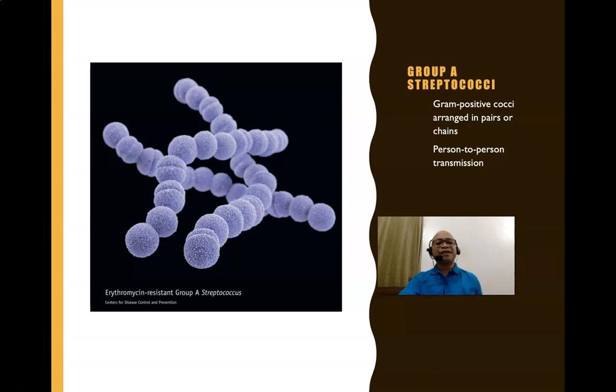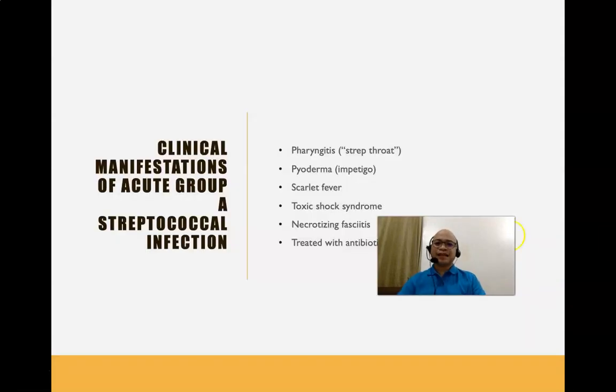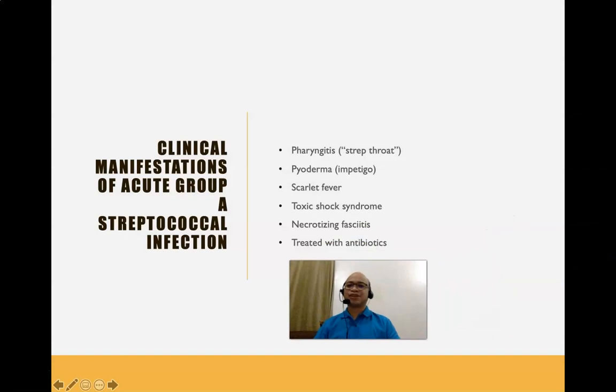These are gram-positive cocci arranged in pairs or chains, and this particular group A streptococci, such as Streptococcus pyogenes, is capable of person-to-person transmission.